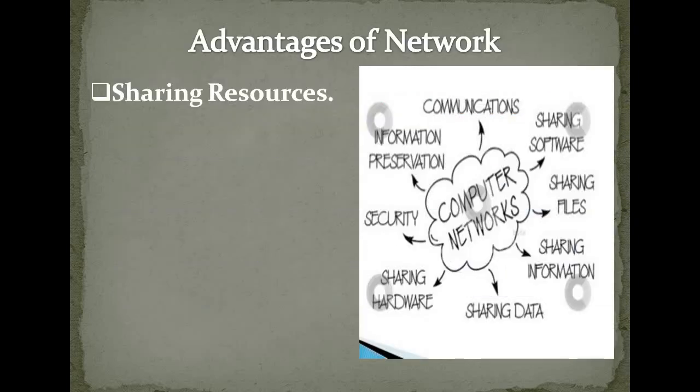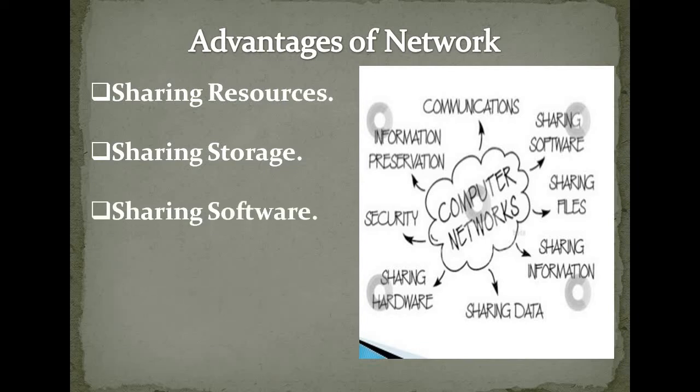The second advantage is sharing storage. Users are able to access files from any machine on the network. The third advantage is sharing software. We can install any software centrally, which means we can use a number of copies of the software on each machine.